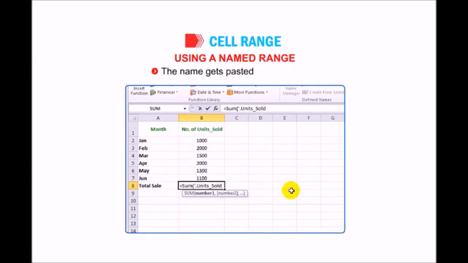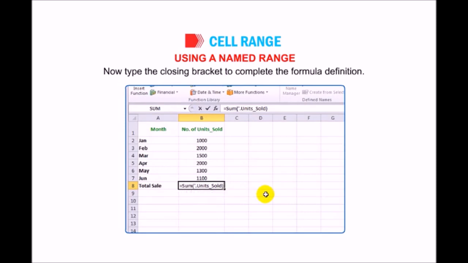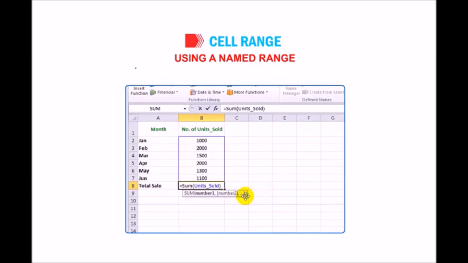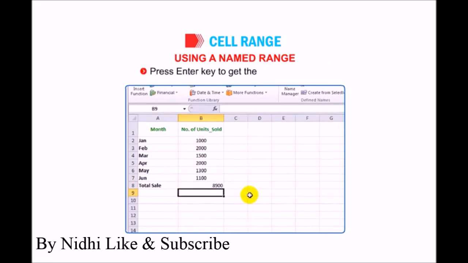The name gets pasted in the formula. Now type the closing bracket to complete the formula definition. The formula would look like =SUM(units_sold). Press the Enter key to get the result in the cell.